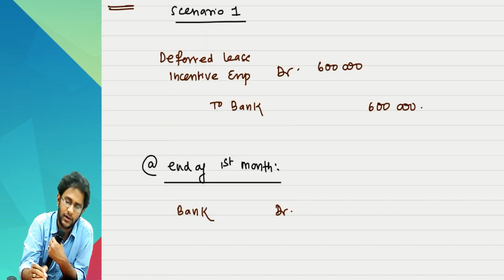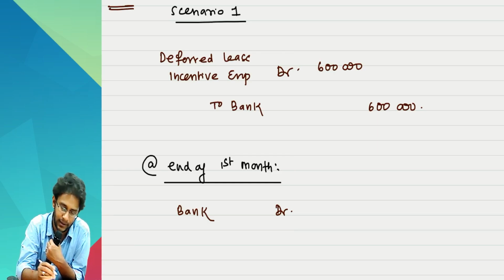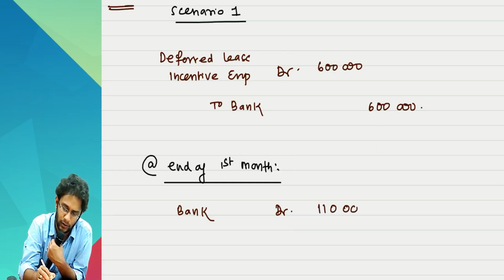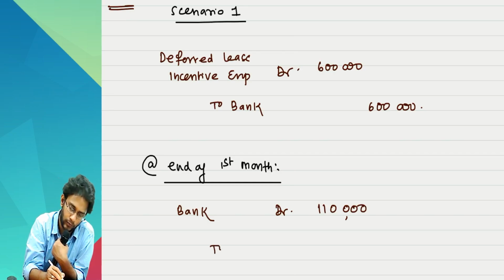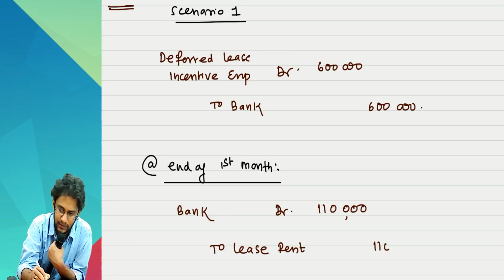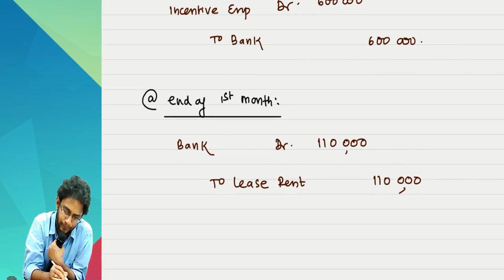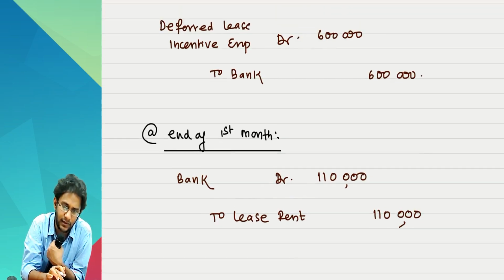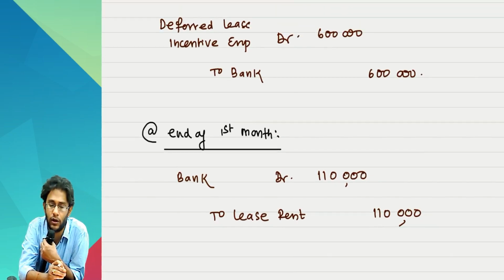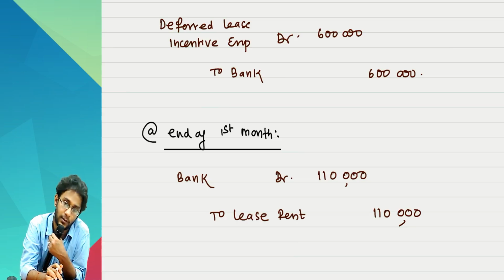Of course, you can write separately also. Bank account debit to lease rent income 1,10,000, plus incentive deferred cost, whatever is there, that will be booked off to P&L over a period of 60 months.